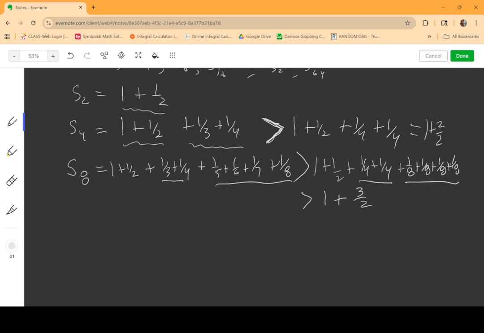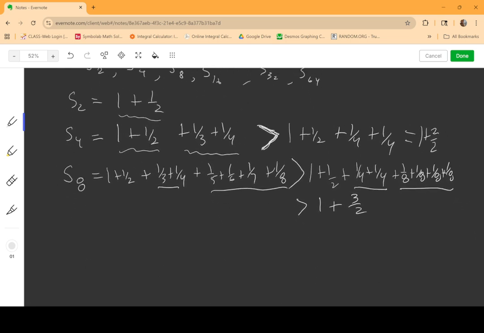Now we can start to see what's happening when I check in at each one of these powers of 2. I'll do the same thing for 16, where we have the same for 8, and then for the next 8 terms, I can make an inequality where it's bigger than 16ths, and I get another half. So at each step of the way, I'm adding another half.